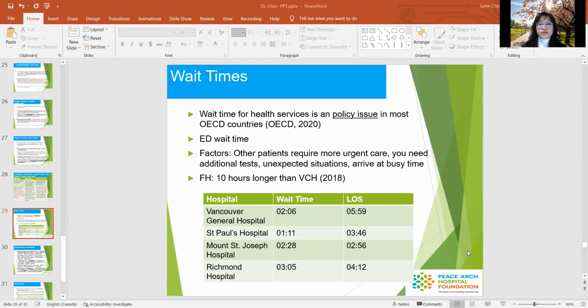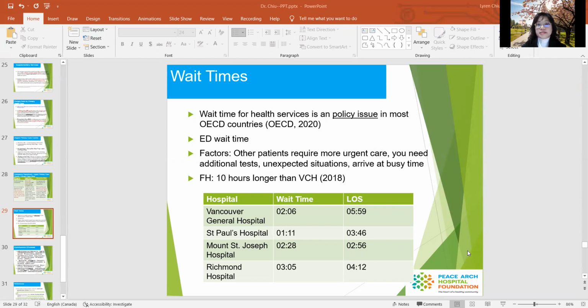And when you consider wait times, you don't just compare how many hours. You also need to consider how other patients require more urgent care. And if you need additional tests, if you need a lot of tests, your wait time and your length of stay will be much longer.